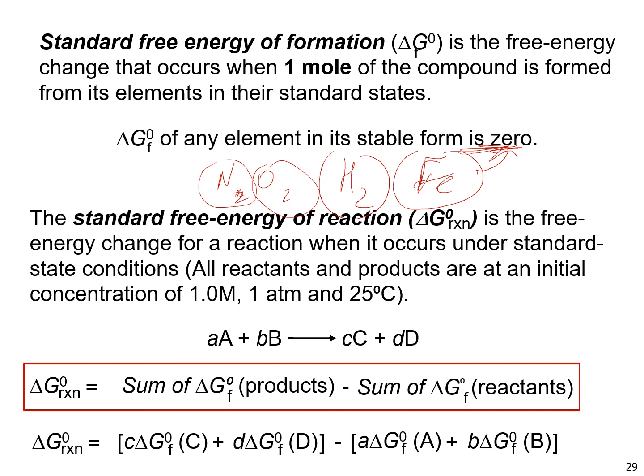So you figure out delta H for the reaction, you figure out delta S for the reaction, and then you plug those values into the expression delta G equals delta H minus T delta S. The other way I can ask you is, I'll give you delta G naught F values for all the reactants and products, and then ask you how much is delta G naught for the reaction. You just plug in those values like this and calculate delta G naught. So those are the two ways you can figure out delta G naught for a reaction.